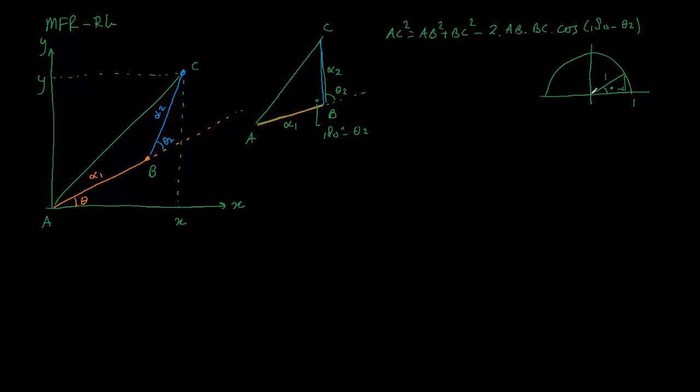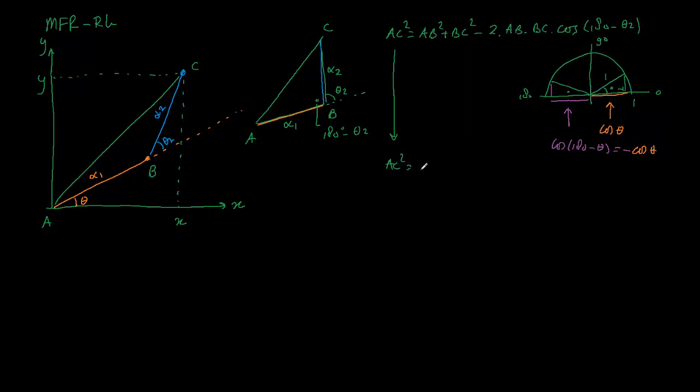Now we have 0, 90, 180, and 180 minus the same angle over here. So this is the cosine of theta, and here we have the cosine of 180 minus theta. In length they are actually the same, only you can say this is minus cosine of theta.